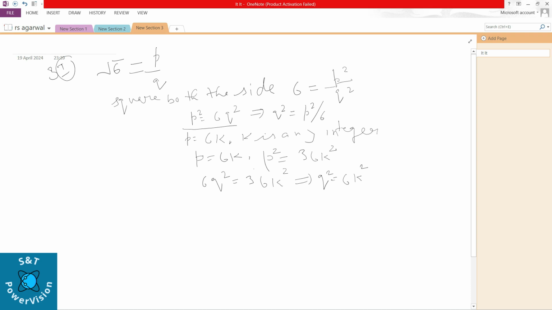So K square is equal to Q square by 6. It means Q is divisible by 6.